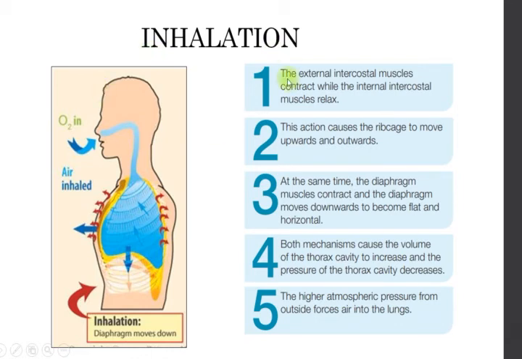The external intercostal muscles contract while the internal intercostal muscles relax. The external intercostal muscles refer to the muscles between the rib cage that face outwards, while the internal intercostal muscles refer to the muscles between the rib cage that face inwards.